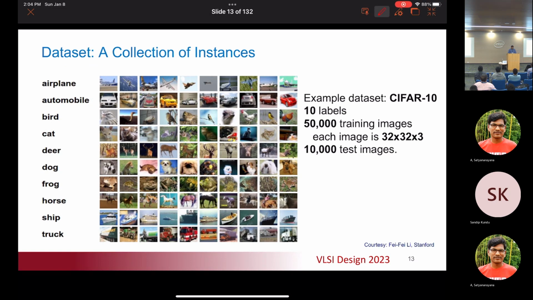Okay. So in the CIFAR-10 dataset, there are 10 labels. In this case, we have associated names, but this could be numbers. This could be class 1, class 2, and this could be class 10, okay? In the CIFAR-10, they have images that are 32 pixels by 32 pixels, and each pixel has R, G, and B, or 3 planes.